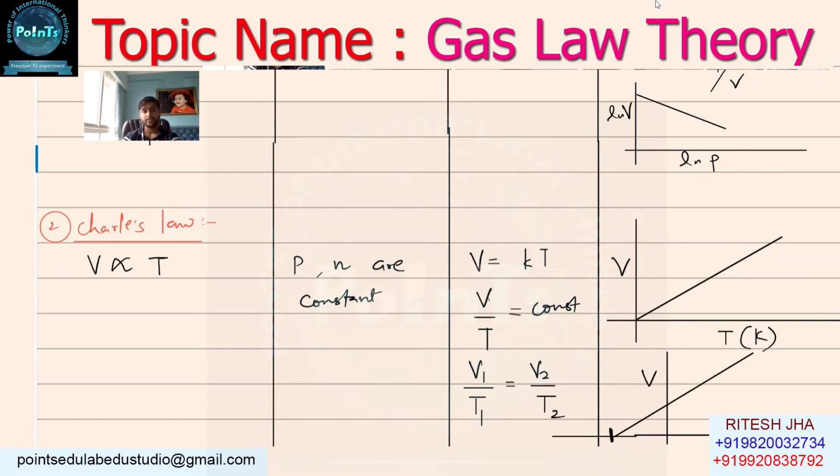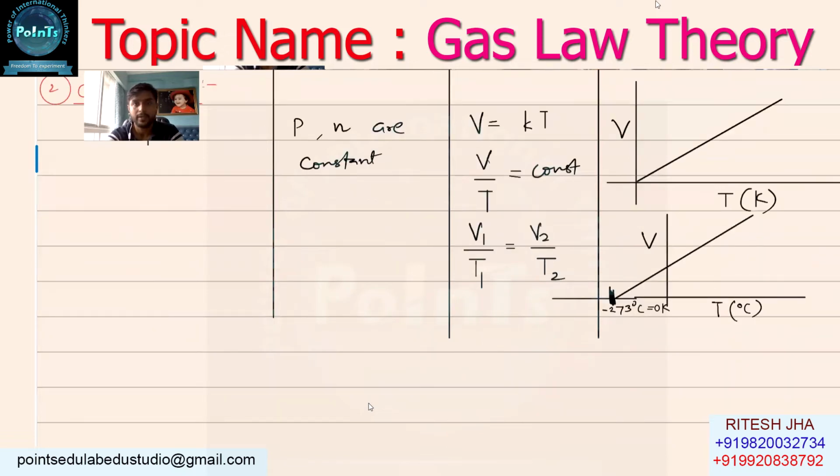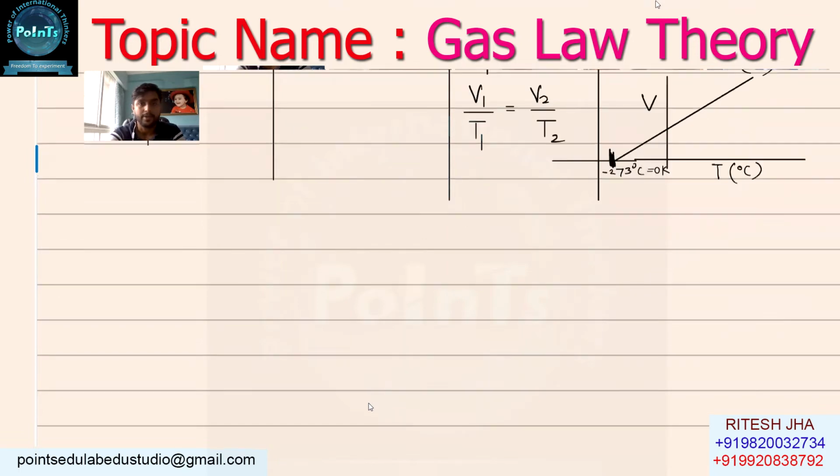And this point is negative 273 degrees Celsius, which is equal to 0 Kelvin. I hope this is clear to all of you now. So let's go ahead.